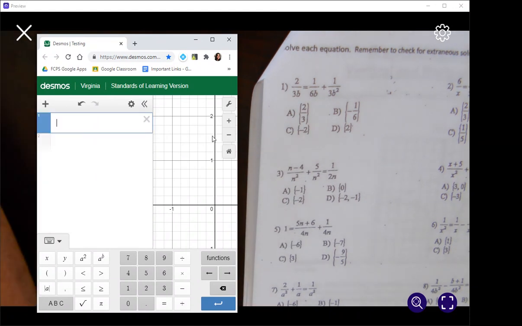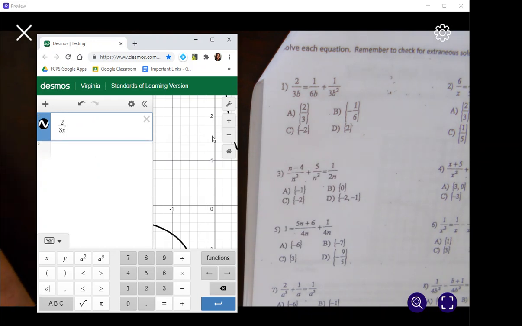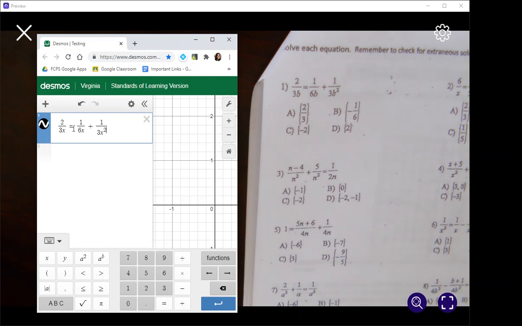So if you have 2 over 3x equals 1 over 6x plus 1 over 3x squared. Okay, just check it real quick.